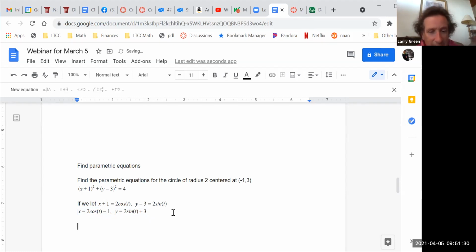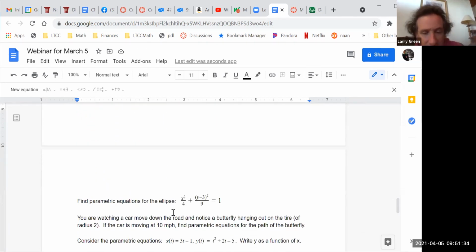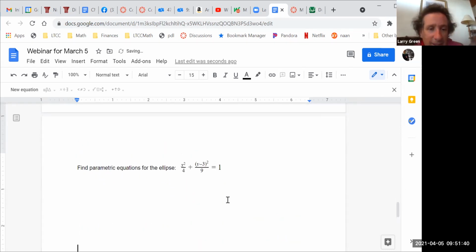Okay, let's do another example. Find the parametric equations for the ellipse x squared over 4 plus y minus 3 squared over 9 equals 1. How is this different than what we just did?